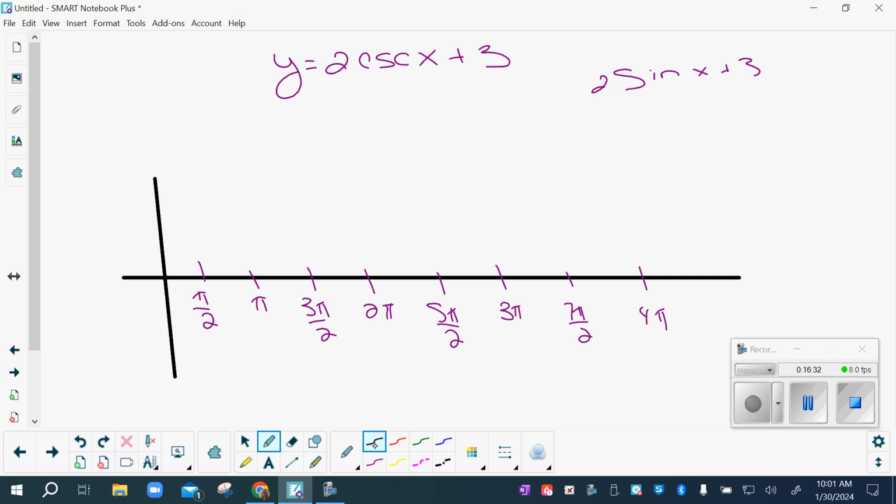So I'm gonna put in some dots. Here's what I know. I know I'm shifting this guy up 1, 2, 3. There's my midline. I'm putting it in. I know I'm gonna go too low and too high. It's sine. Gonna put those dots in. Starts on the midline.